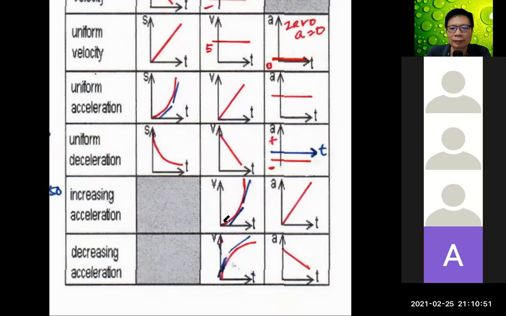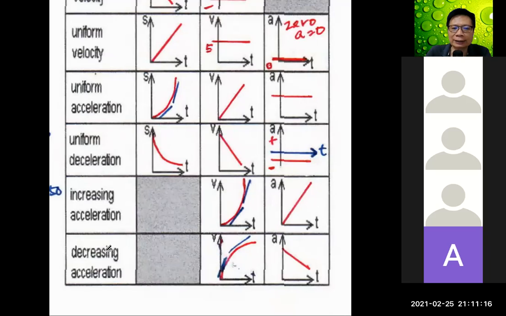Here gradient bigger, acceleration bigger. So increasing acceleration. And for acceleration time graph, of course, you want to show acceleration getting bigger, mean a line go up. Go up means 0, 5, 10, 15, 20, getting bigger and bigger, the acceleration.